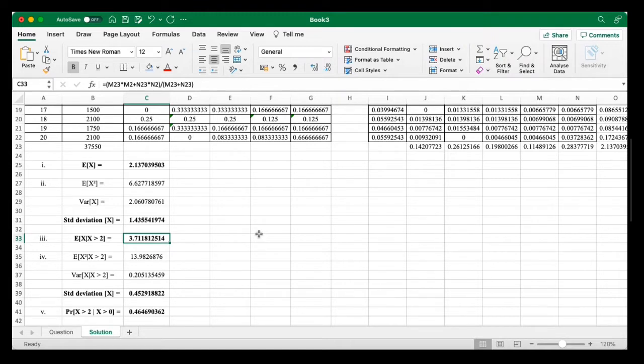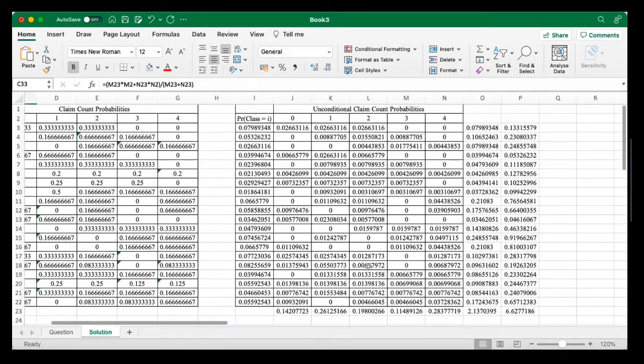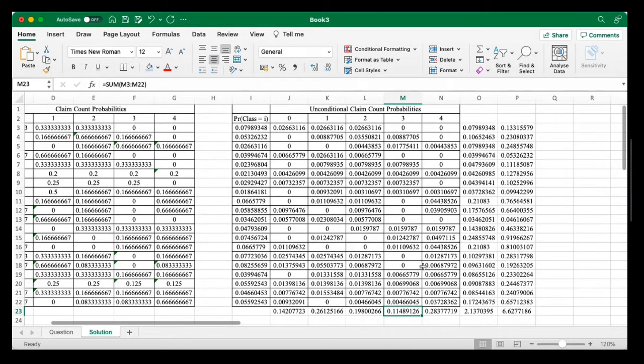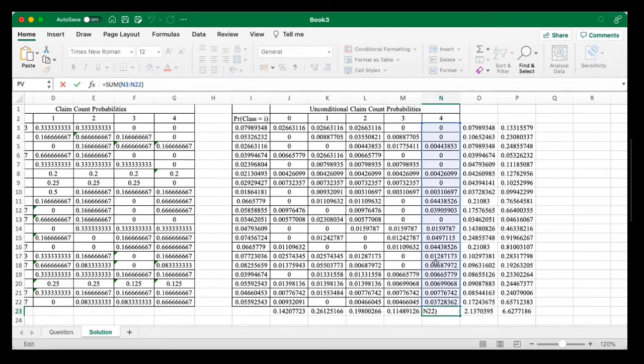Probability of claim counts greater than 2 represents claim count 3 and claim count 4. Over here, we sum up the probabilities of 3 claims and also the probability of 4 claims.